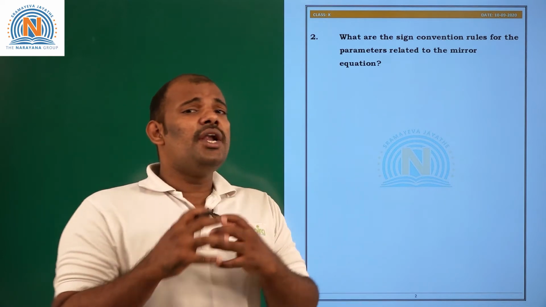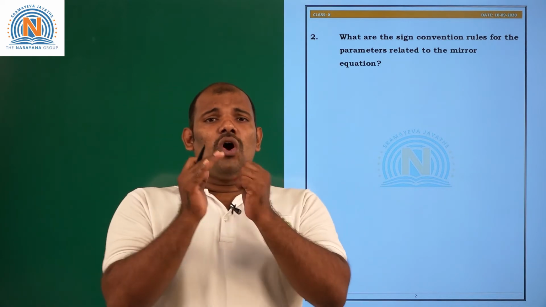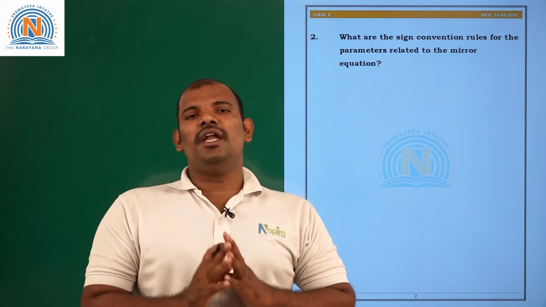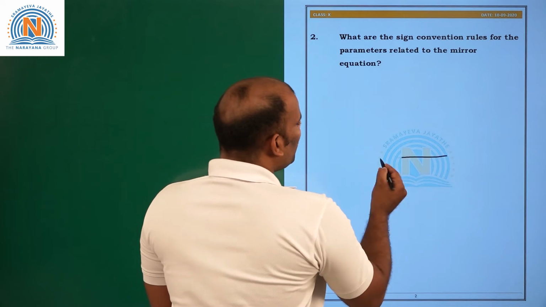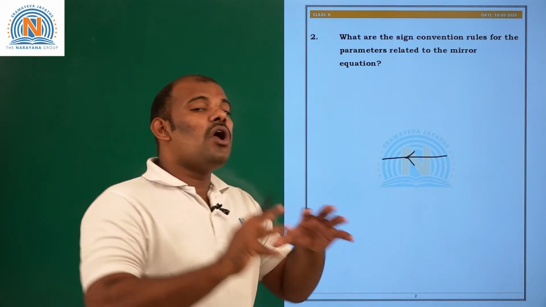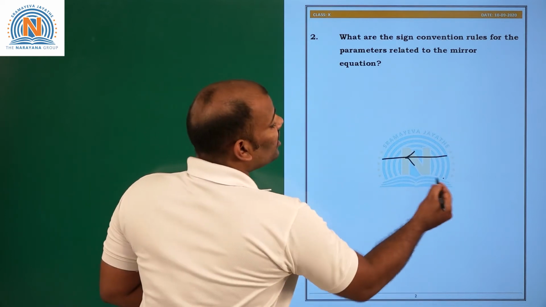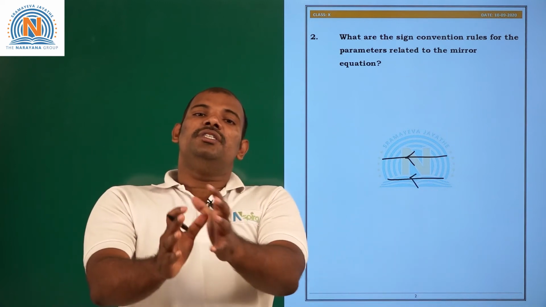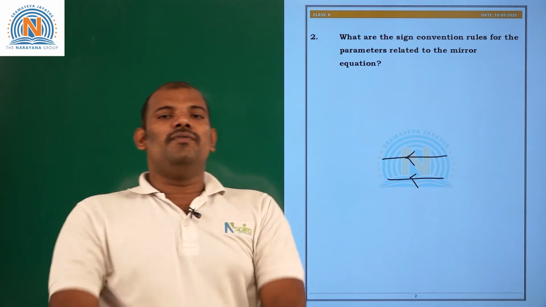And second rule, if you are measuring the distance in the direction of incident ray, suppose this is the direction of incident ray, then that distance is taken as positive.